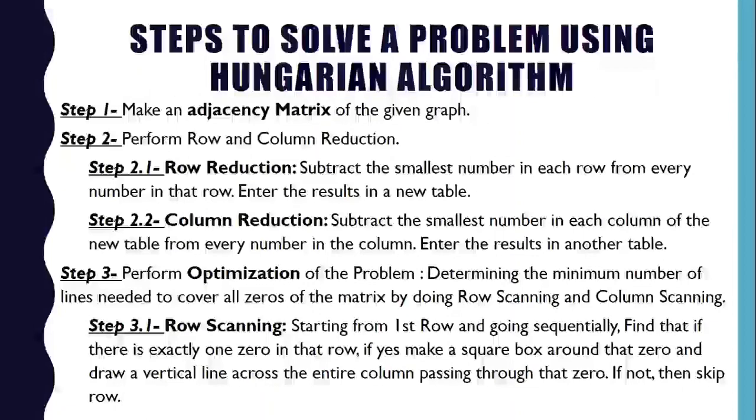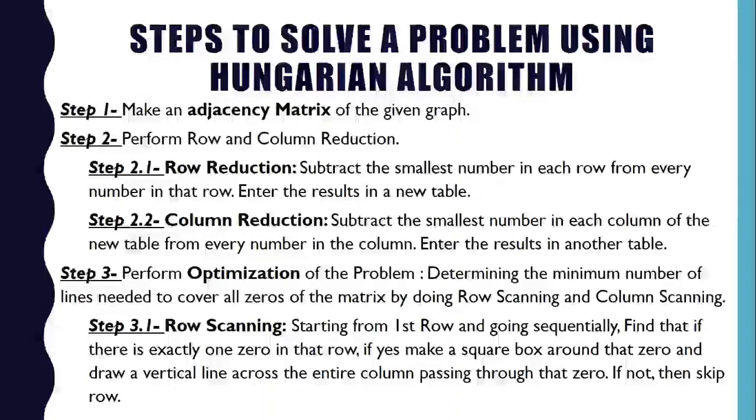On this new table, we perform step 3, which is optimizing the matrix. This is done by finding the minimum number of lines covering all zeros. And this is done by row scanning and column scanning. Now, what is row scanning? It is step 3.1 and it states that going from the first row to the following rows sequentially, we find the row which has exactly one 0.